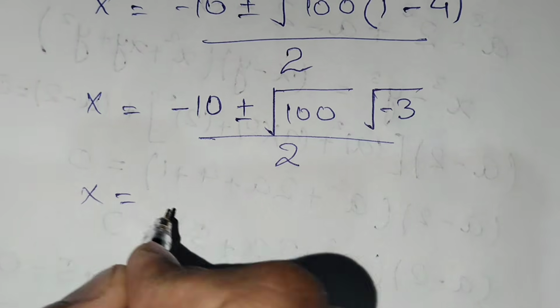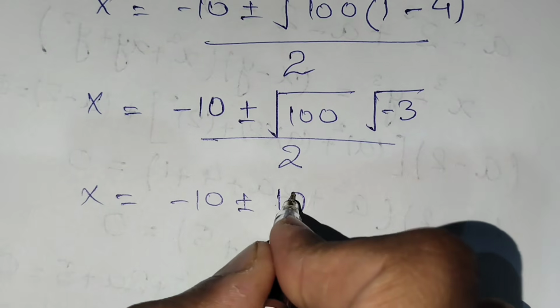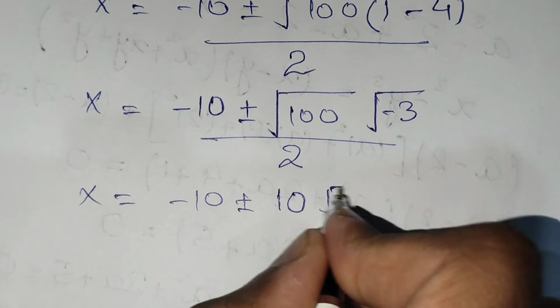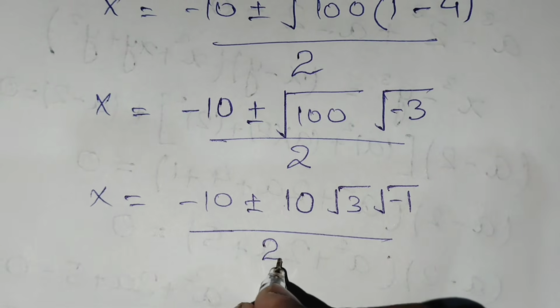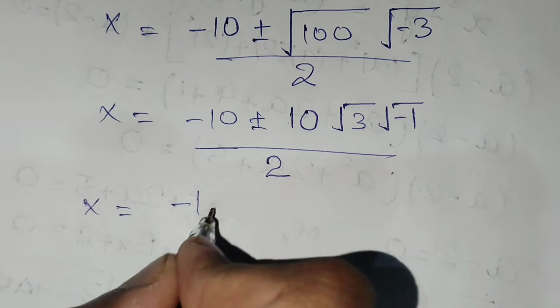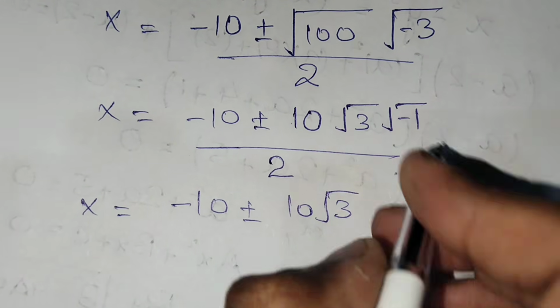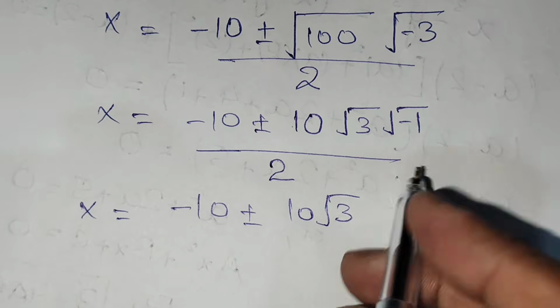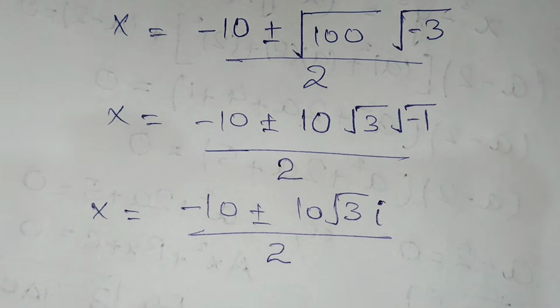So x will be equal to minus 10 plus minus square root of 100 is 10, and this is square root of 3 times square root of minus 1, over 2. So x will be equal to minus 10 plus minus 10 square root of 3, and square root of minus 1 is iota, all over 2.